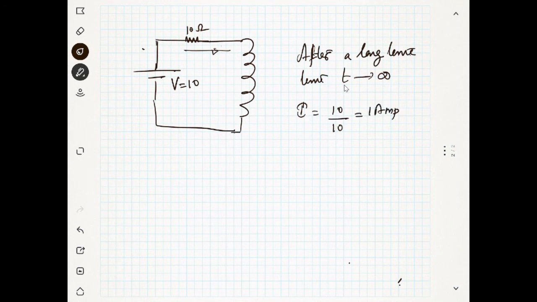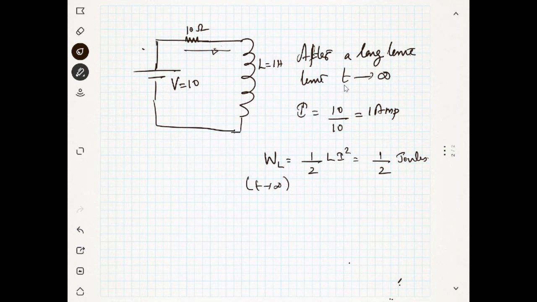Now, suppose this inductance L is 1 henry, then what will be the energy stored in the inductor after a long time, as t tends to infinity? It is half L i squared, which in this case is nothing but half. So it will store half joules.